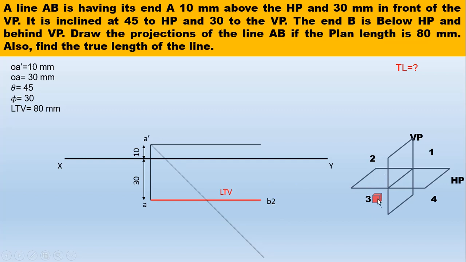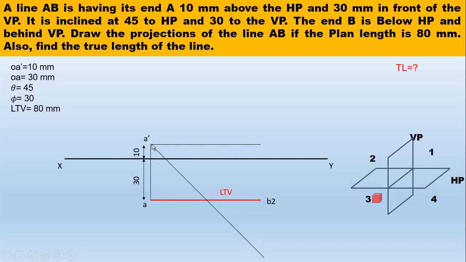Similarly, the top view of this point B, if point B is in third quadrant, will lie on this horizontal plane. Now if you rotate this horizontal plane, it will coincide with this vertical plane. So the top view of point B, if the point is in third quadrant, will lie above the reference line XY.